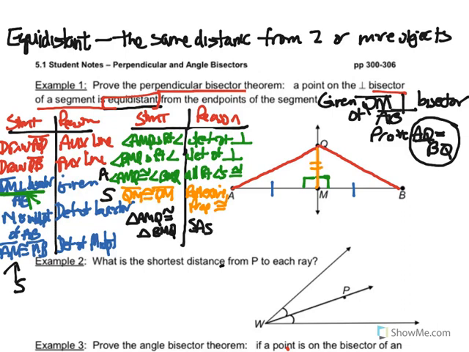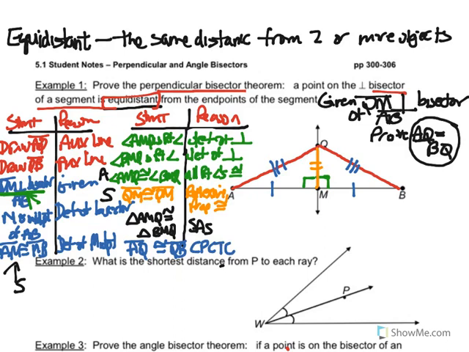on QM. Okay, and because of that, we can now say that AQ is congruent with QB. And how do we know that? CPCTC.